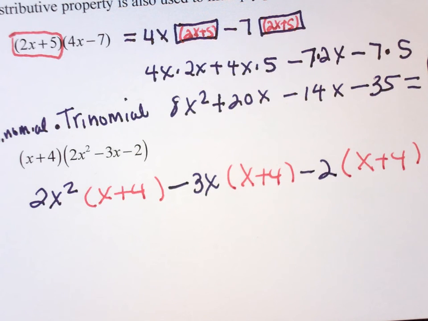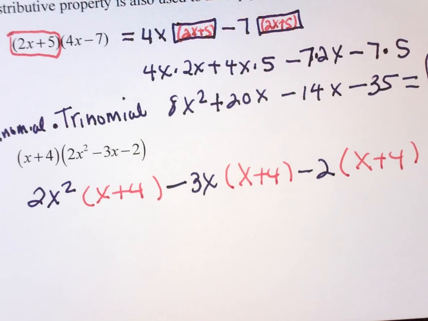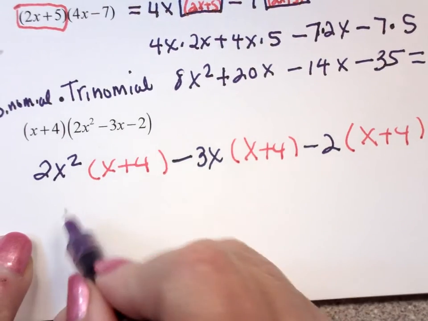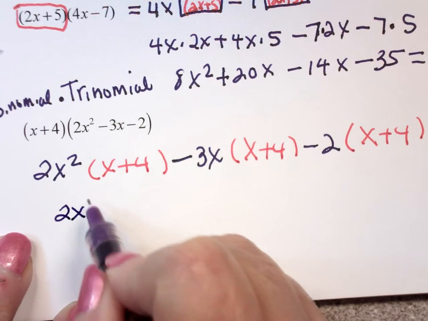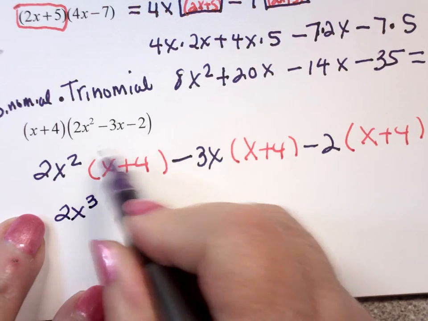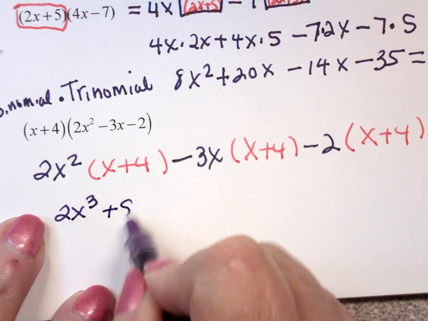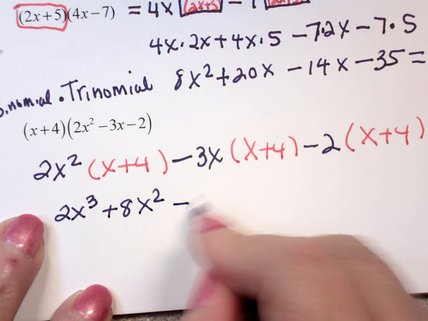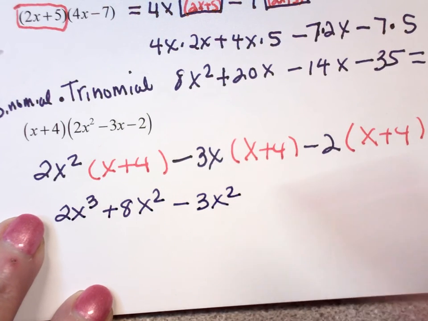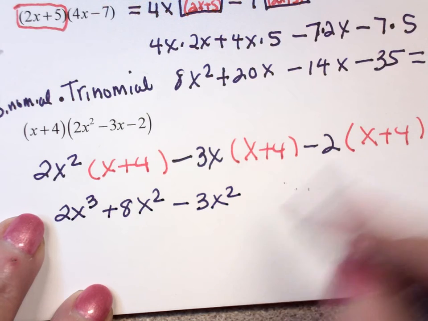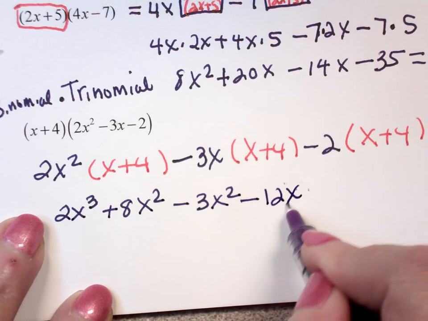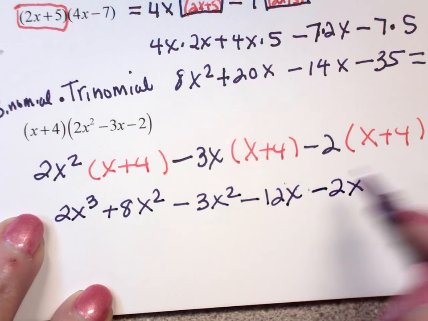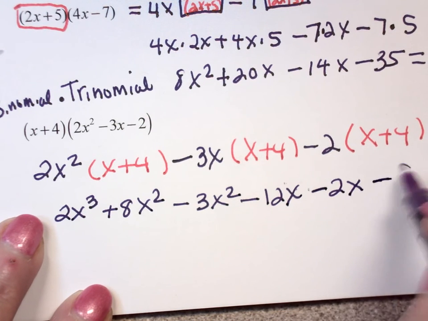Leaves an image of himself behind. Now the distributive property one more time, the one we're used to. This would be 2x cubed. 2x squared times 4 is plus 8x squared. Minus 3x times x is minus 3x squared. Minus 3 times plus 4 is minus 12x. Minus 2 times x is minus 2x. Minus 2 times 4 is minus 8.